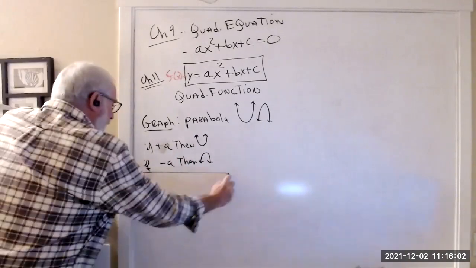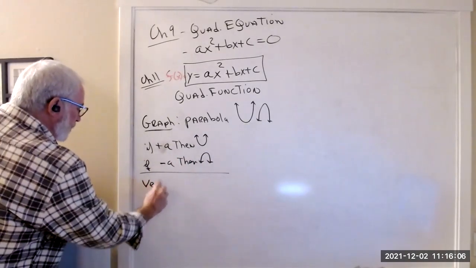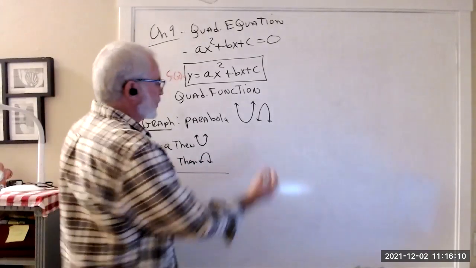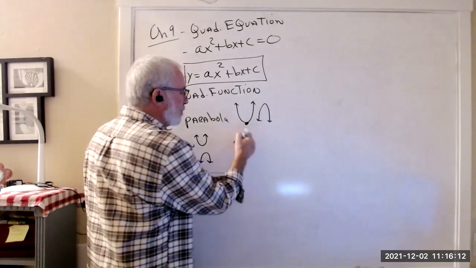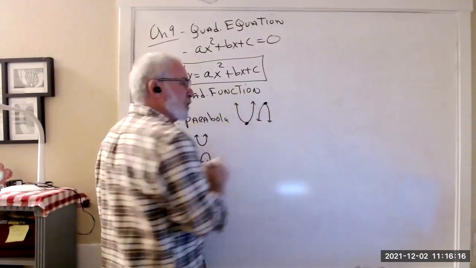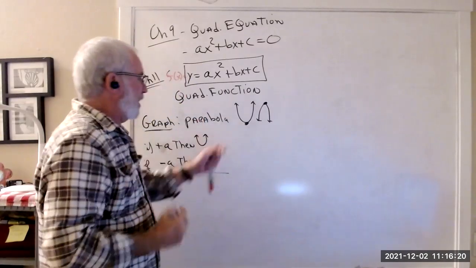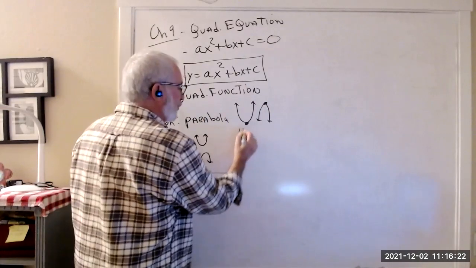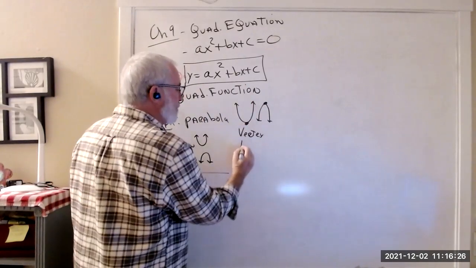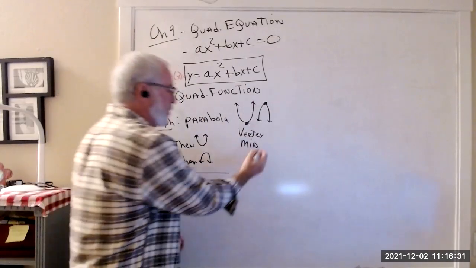It's for something called the vertex. The vertex is this little point either at the very bottom or at the very top of the curve. If it's going up, this is the vertex, and it's called the minimum, min, we abbreviate it.